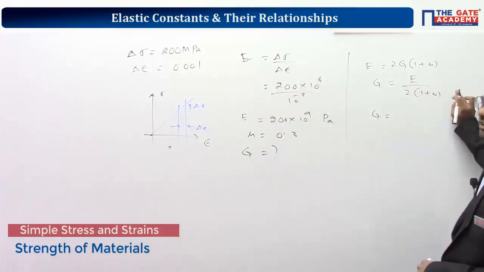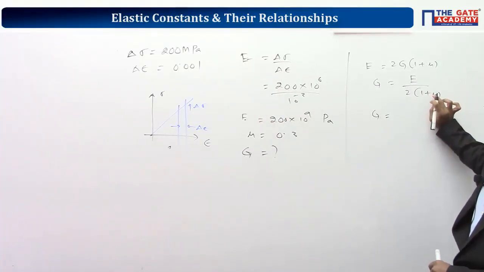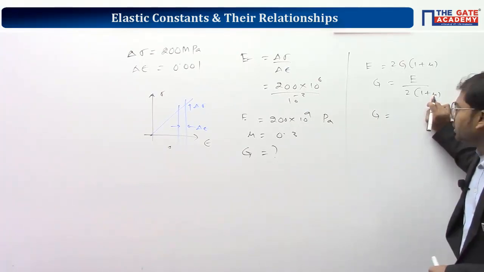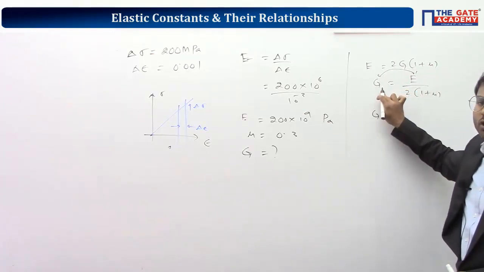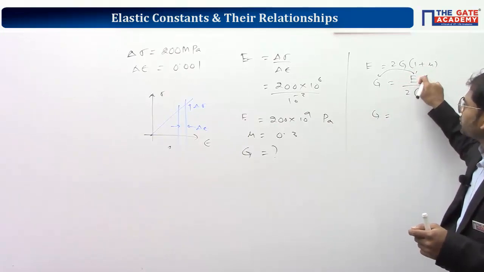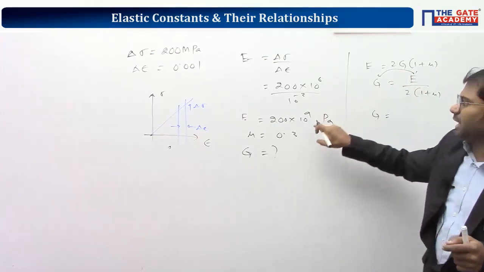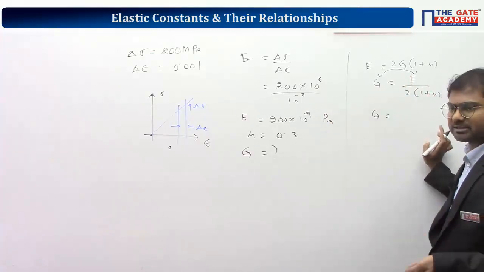In this equation, the Poisson ratio is a non-dimensional value because it's the ratio of strains. Whatever units you use for E, you'll get G in the same units. So I'm substituting in gigapascal directly because I want G in gigapascal itself.